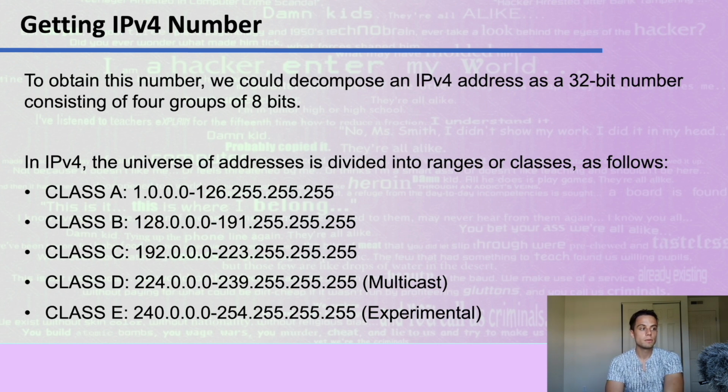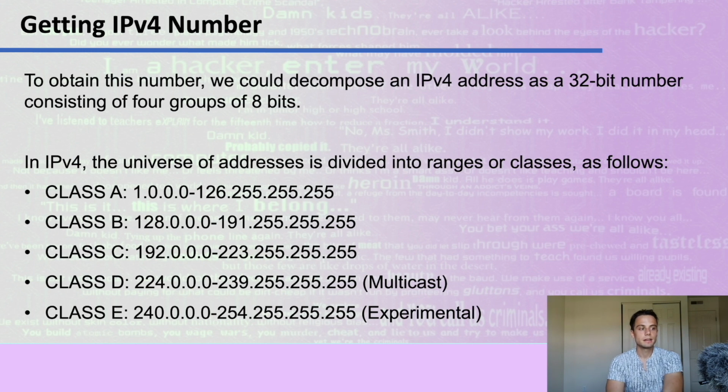You just need to multiply 256 four times, so 256 multiplied by 256 multiplied by 256 multiplied by 256, and you will get a number around 4.3 billion.